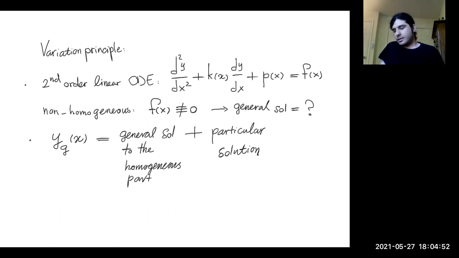Let's start with an example, and then I will explain the general idea behind what we are doing. As I mentioned the other time, this technique might look a little bit strange. It might take a little while to get used to it. So suppose we start with an equation like this: the second derivative of y with respect to x plus y is equal to 1.